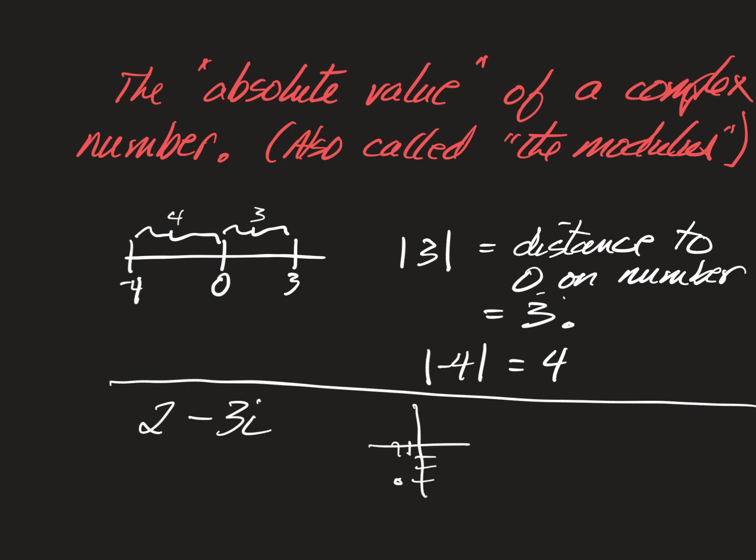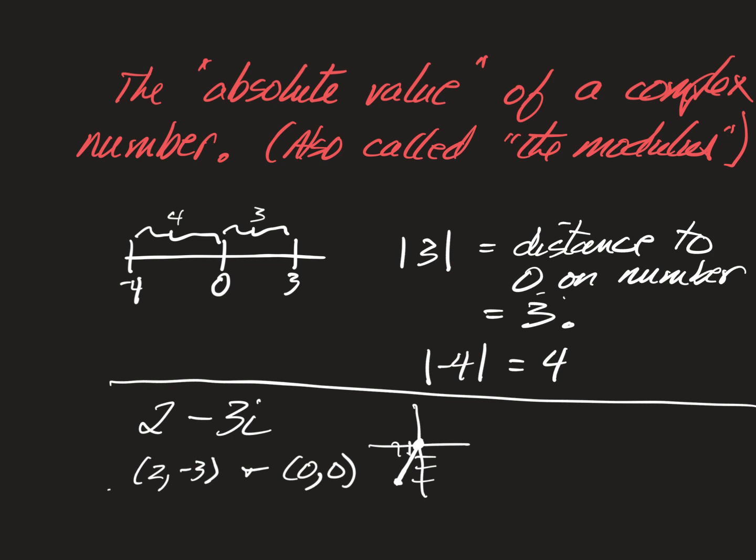In other words, how far is it from the origin? So we're really asking how far this point is from the origin. Well, that is basically the distance between this point and the origin.